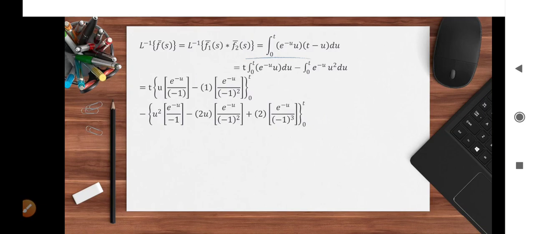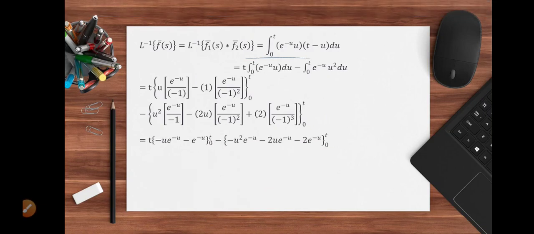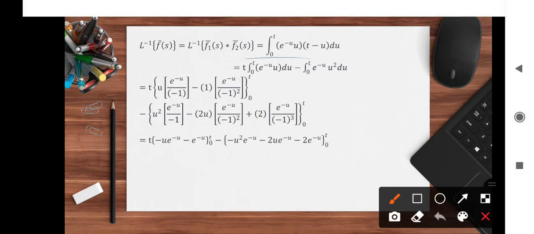But before that you can simplify the two terms to get this simple form. Here t as it is, u into e raised to minus u upon minus 1 means minus u into e raised to minus u. Here minus 1 square is plus 1. So the second term in simple form becomes minus e raised to minus u.